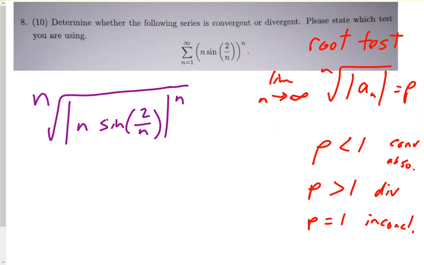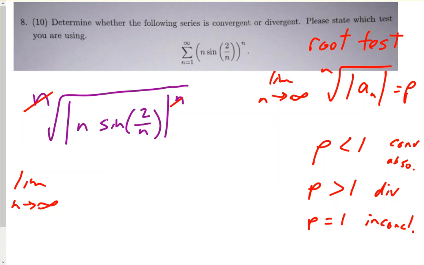So we see clearly that the nth root and the nth power will cross out. We're left with n sine of 2 over n itself. So we take the limit as n approaches infinity of n sine of 2 over n.